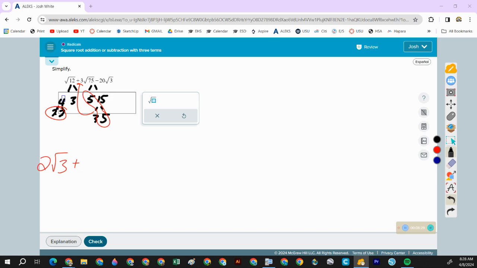Those 5's hit that 3, become a 15. Root 3 minus 20 root 3. Now they all have the same, they're all like terms. So 2 plus 15 is 17. 17 minus 20 is negative 3 root 3.